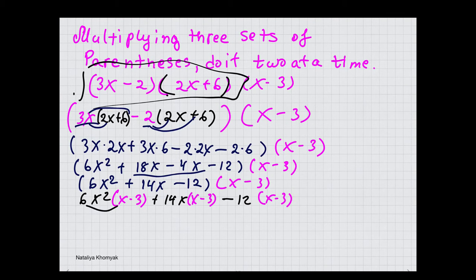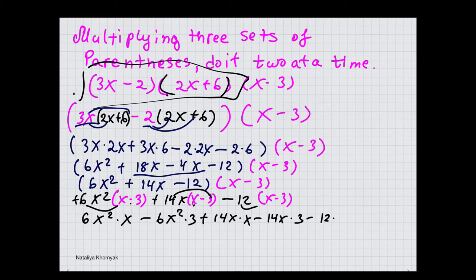So let's distribute. We have 6x^2 times x, positive times negative, negative 6x^2 times 3 plus 14x times x, positive times negative, negative 14x times 3, negative times positive minus 12 times x, negative times negative, positive 12 times 3.